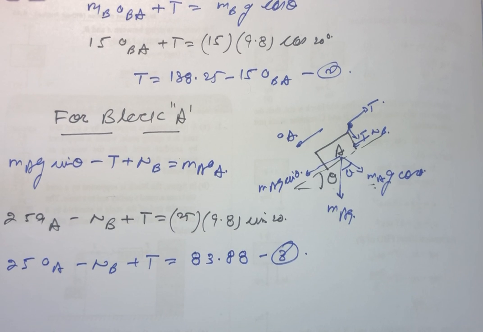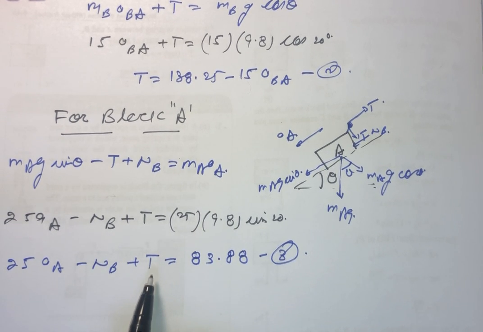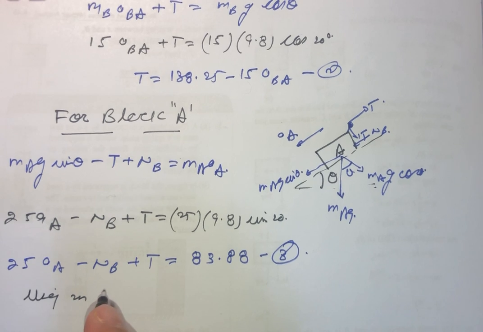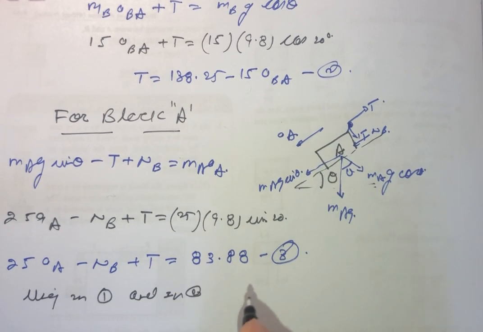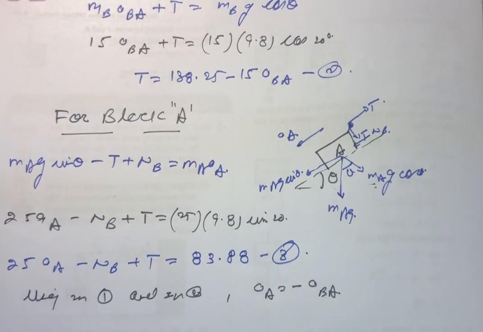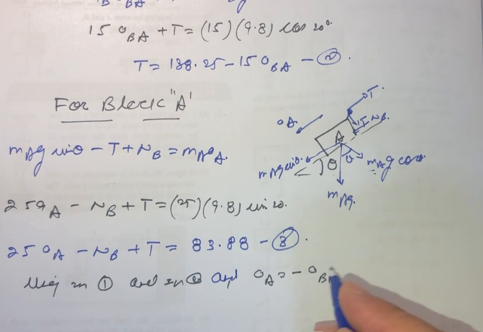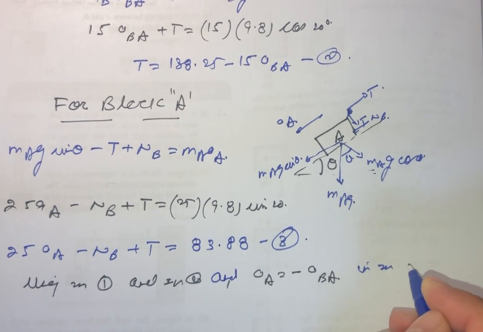So we are going to use the value of NB from equation 1, the value of T from equation 2, and also we know that acceleration of A is equal to negative of aBA, and use these in equation 3.